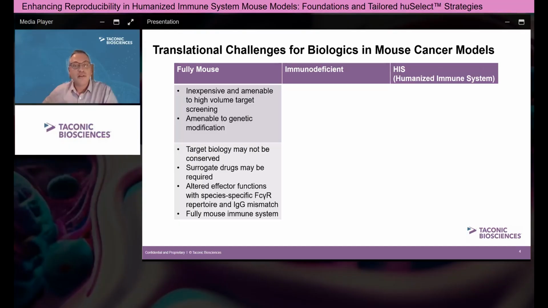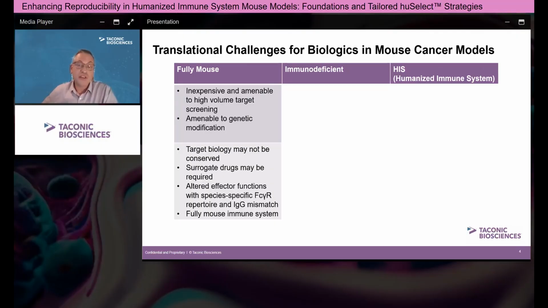Now, on the downside, fully mouse systems suffer from lack of conservation. So human targets may differ significantly from mouse targets. And that may lead to the requirement of using surrogate drug candidates for your syngeneic program, which of course will add additional time and expense versus being able to directly use a clinical candidate. Furthermore, there are numerous differences between mouse and human immune systems.